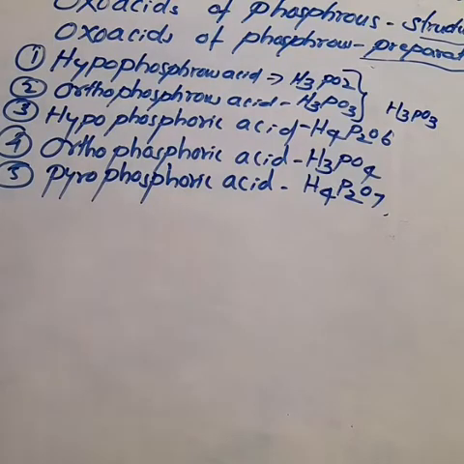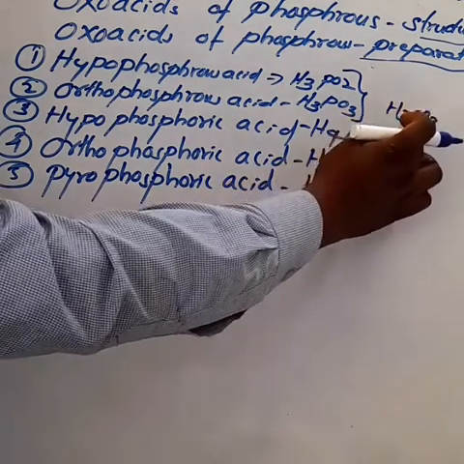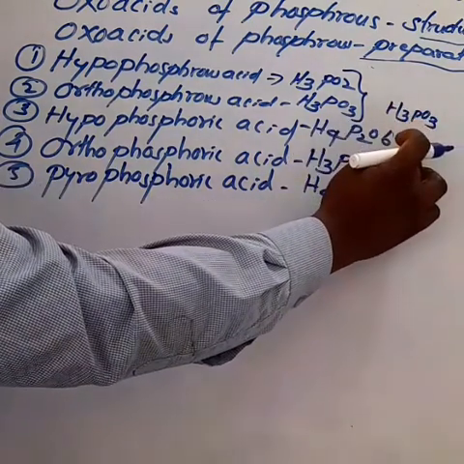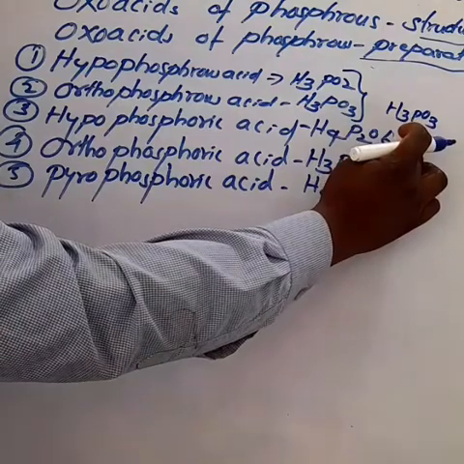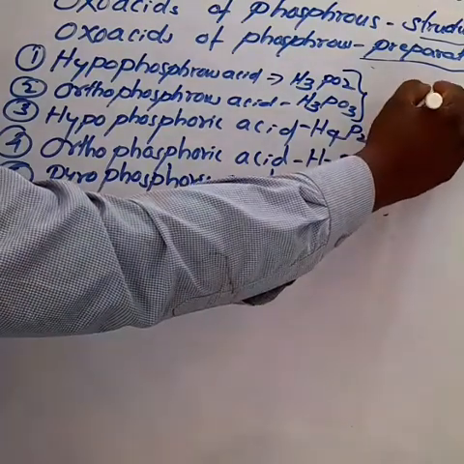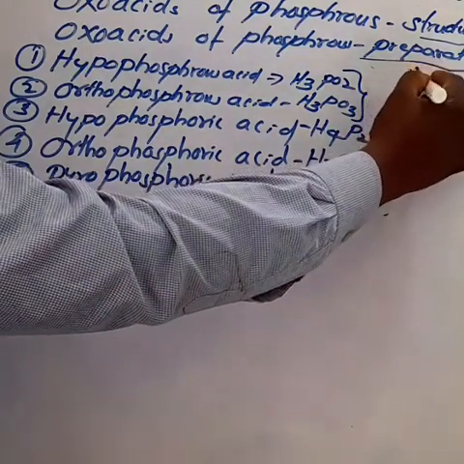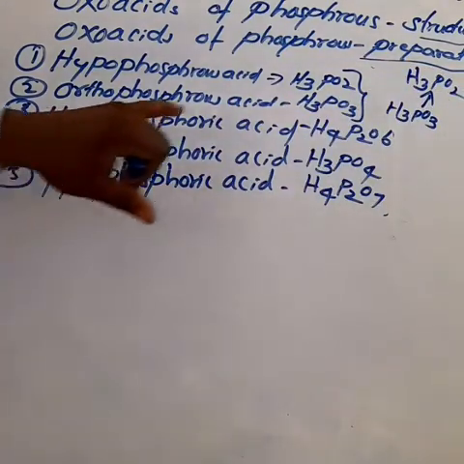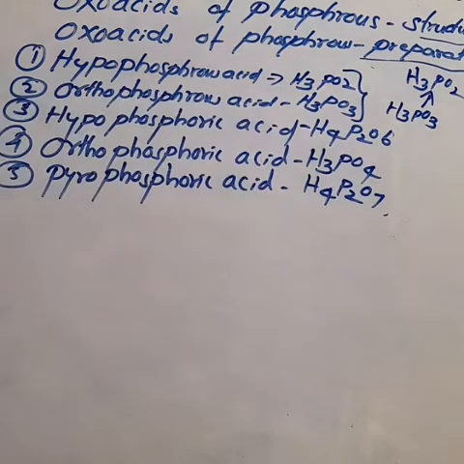If I remove one oxygen from phosphorus acid, what is the formula? H3PO2. Can you remember? What is that one? Hypophosphorus acid.